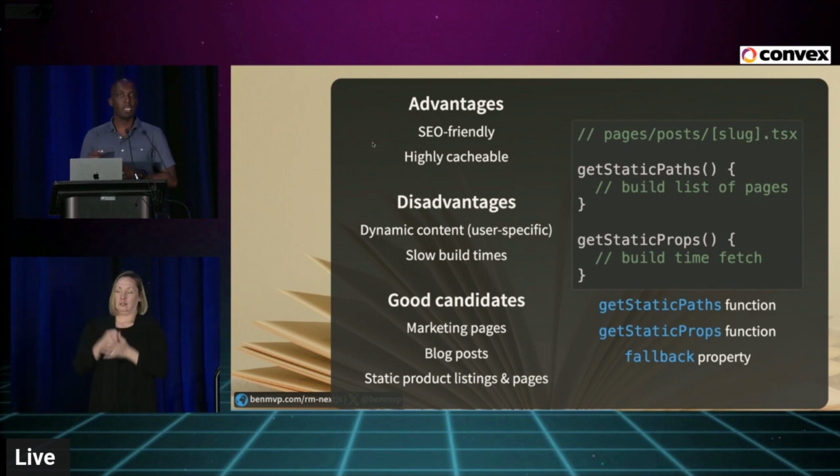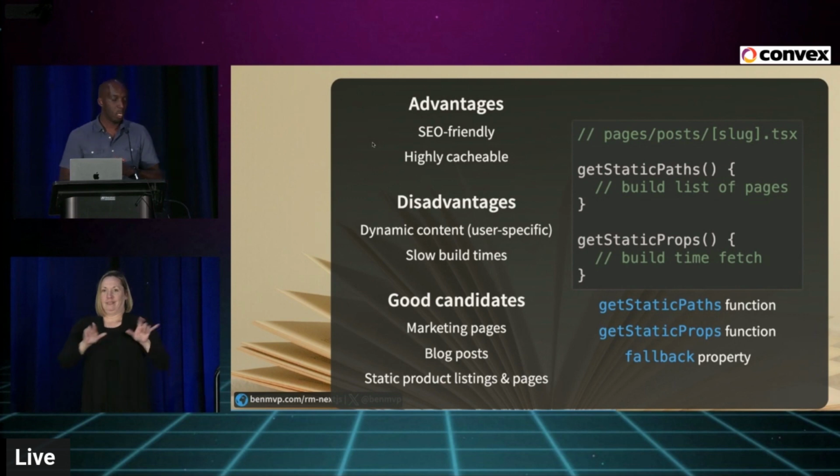But the disadvantage and the challenge with statically generated pages is that it's common for everybody. So if you need it to be different for people for various reasons, then it's really difficult, i.e. not possible, because it's the same version for everyone.